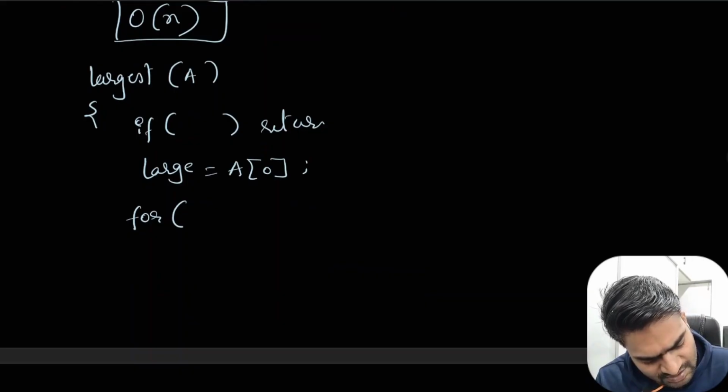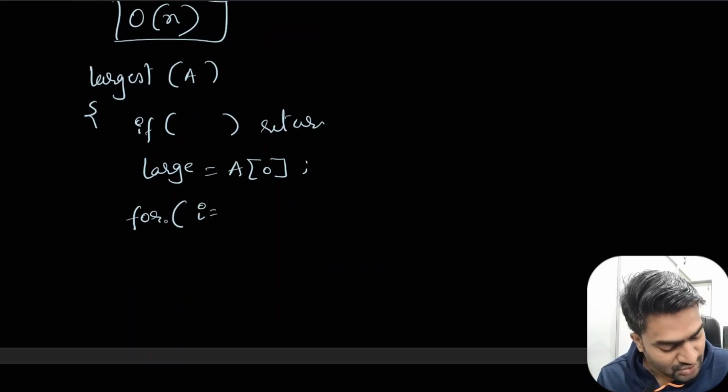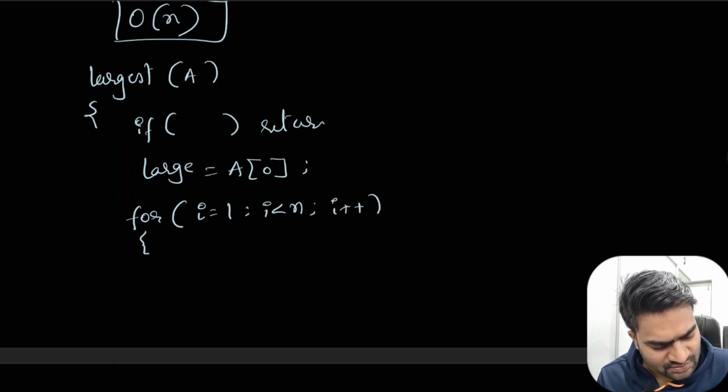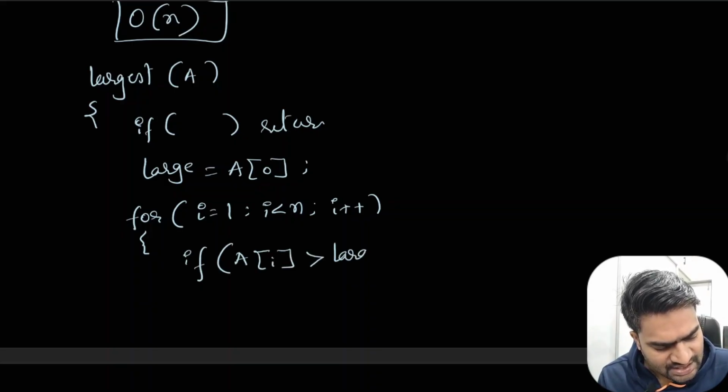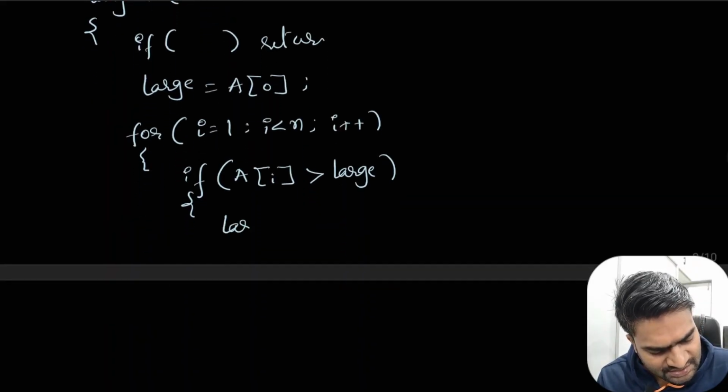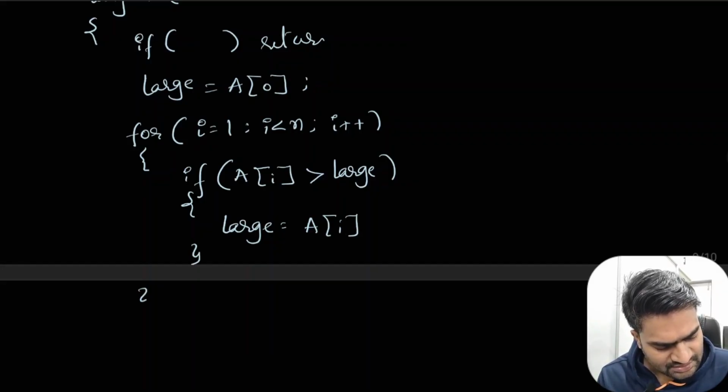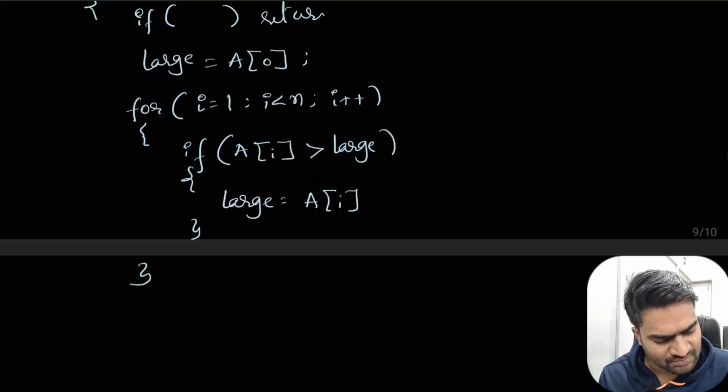Now I will use a for loop from i equal to 1, i less than n, i plus plus. Then I will check if a of i is greater than large, then I will simply update large equal to a of i. So once this for loop completes, I will simply return my large.